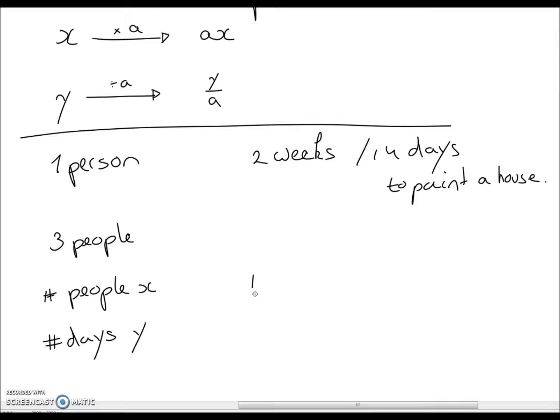Then if one person takes 14 days, it takes 3 people, which is 3 times as much as 1, only 1/3 of the time as one person. So 14 divided by 3, or 4 2/3.